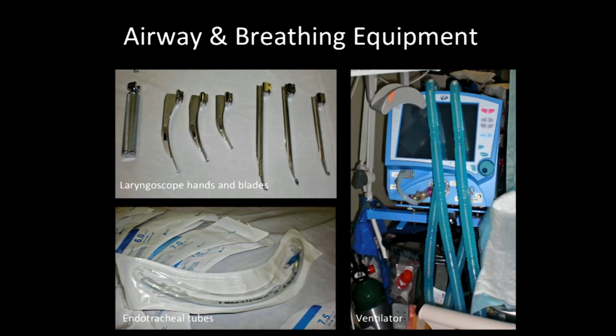We would also want to have the equipment that we need to intubate, such as laryngoscope blades and the handle for laryngoscopes. We would want endotracheal tubes, and of course we would want vents close at hand. Remember that you should have these in both adult and pediatric sizes if you are seeing patients that are both adult and pediatric. If available, you would want end-tidal CO2 detectors as well.